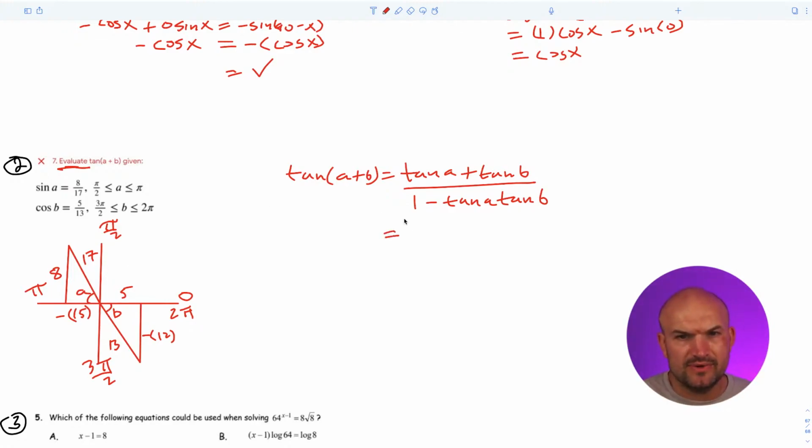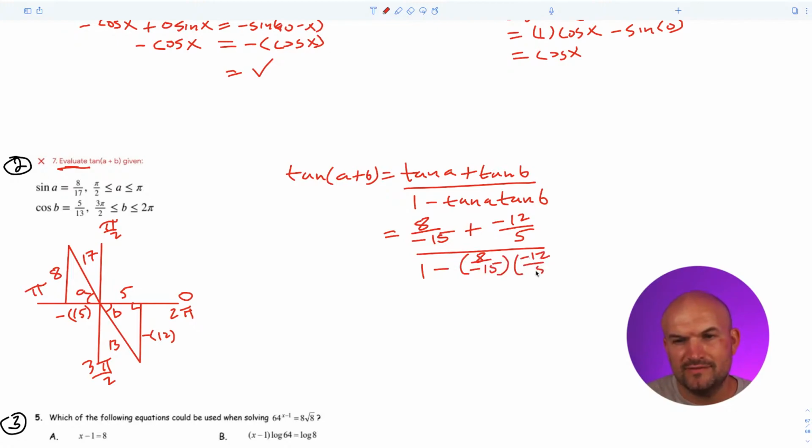In this first one, tangent of A is going to be 8 over negative 15, plus the tangent over here, which is negative 12 over 5, all over 1 minus 8 over negative 15 times negative 12 over 5.